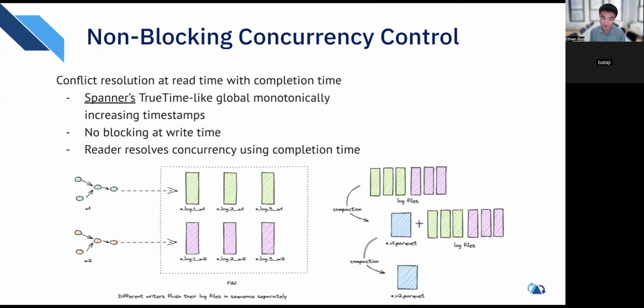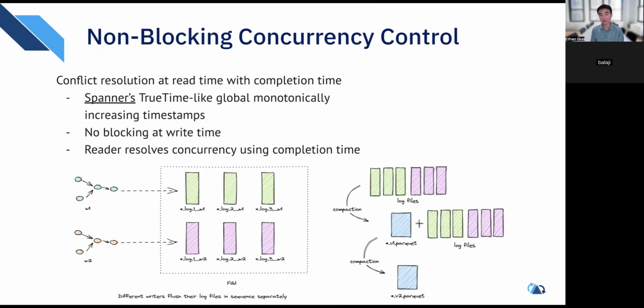Even if they have conflicts, they can write logs or updates into different files and then commit successfully. So there's no blocking at write time. That's how the term non-blocking is derived. And we resolve the concurrency conflicts on the reader side by using completion time ordering.